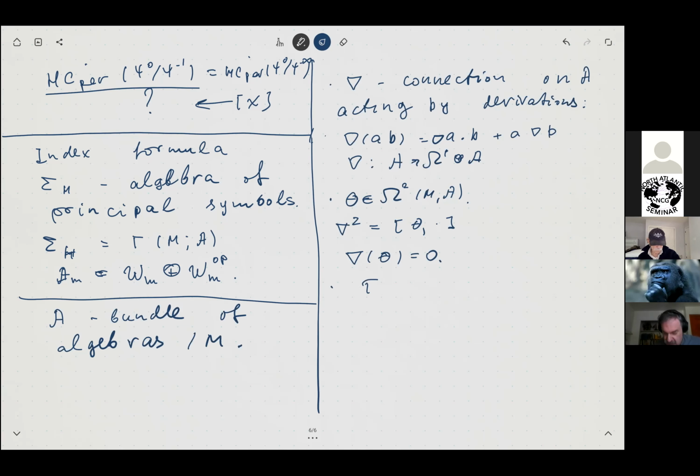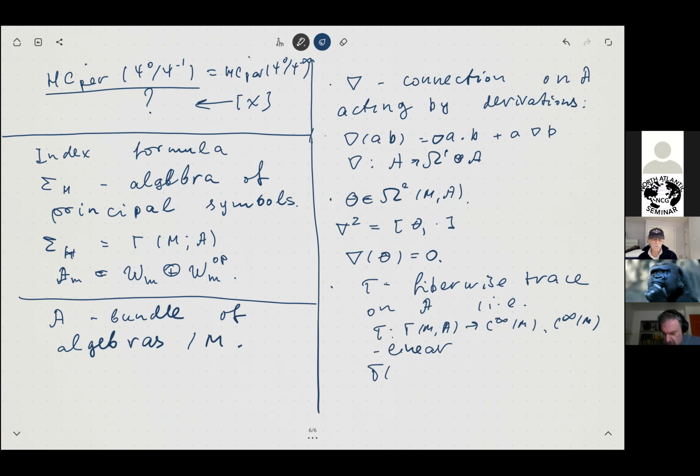And tau is a fiberwise trace on A, which satisfies this condition.